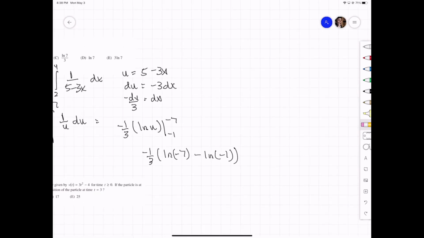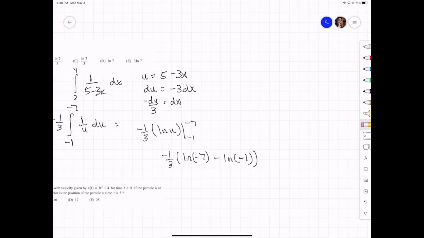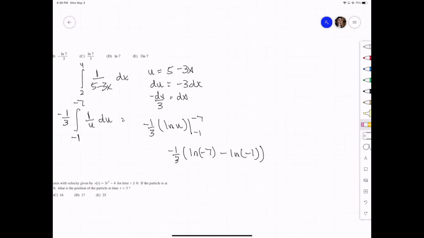Wouldn't it just be negative 1/3 times ln 7? Isn't that the log rule though? When you subtract, you divide.